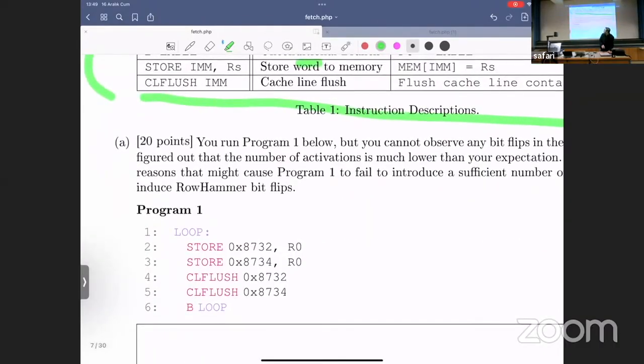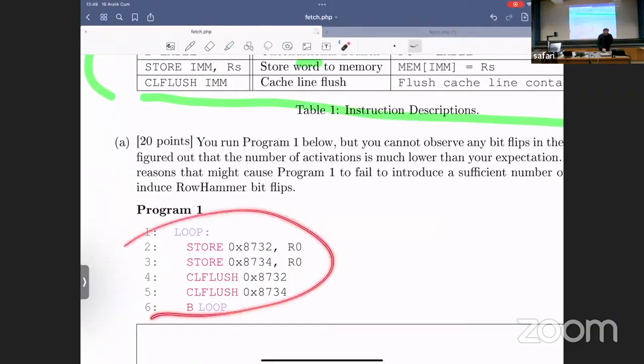It might look familiar to you from the paper presentation that Professor Mutlu did during the RowHammer lecture. We have 2 memory accesses here, and then 2 CLFLUSH instructions that flush the cache line back to main memory so that you hope to access main memory and hammer rows.